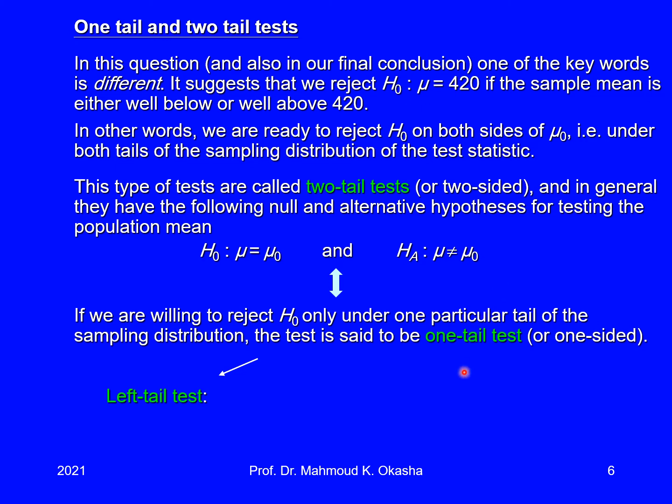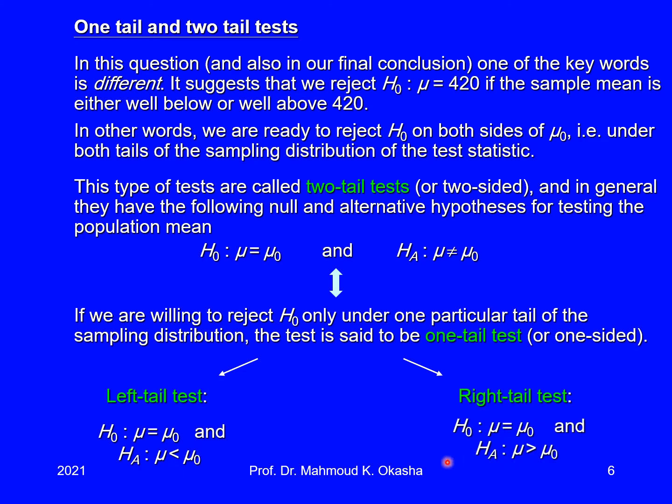But if the alternative hypothesis is mu less than mu naught... In all cases, the null hypothesis is mu equals mu naught. But the alternative can be mu not equal, or mu less than, or mu greater than.